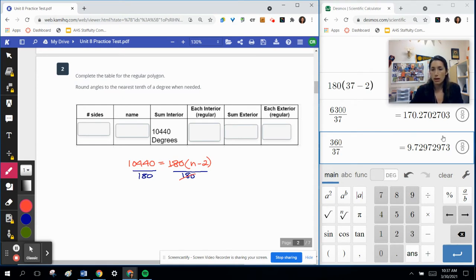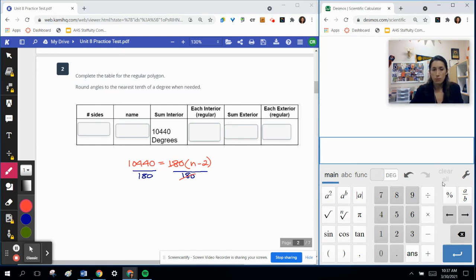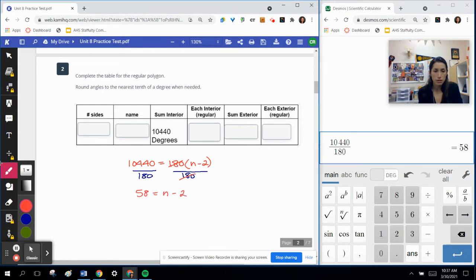So let me clear out this calculator. We've got 10440, and we're dividing that by 180. That's going to be 58. So 58 equals n minus 2. We would need to add 2 to both sides to figure out the number of sides. So that's going to be 60 as the number of sides.